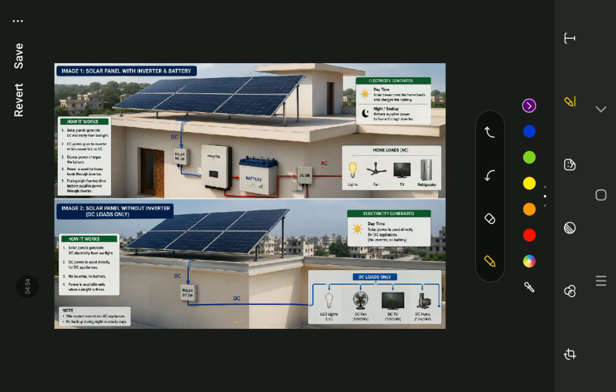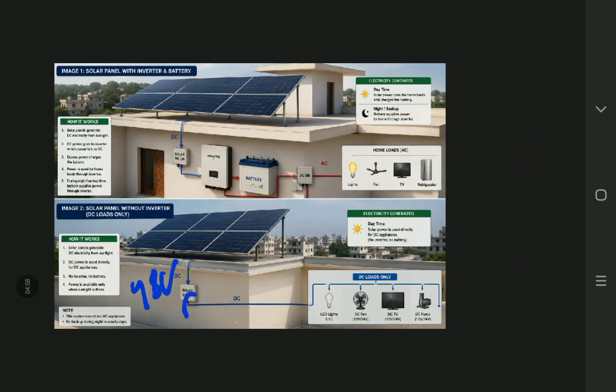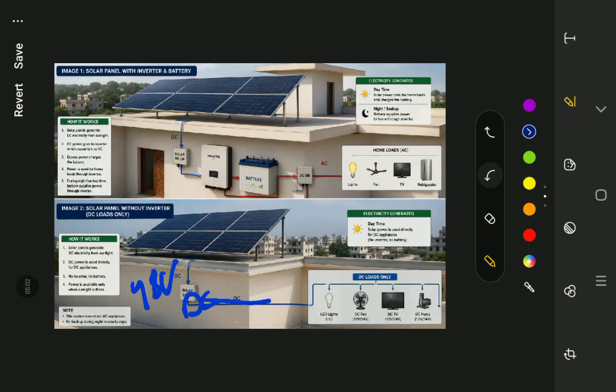For example, if this outputs 48 volt DC, we can convert it using a DC to DC converter and run appliances which work on DC, such as LED lights, not the filament ones, because they will not run on this low DC voltage.